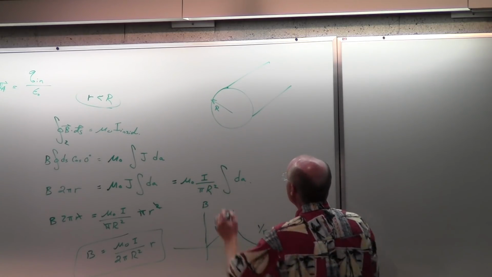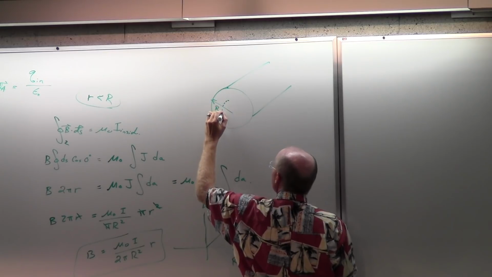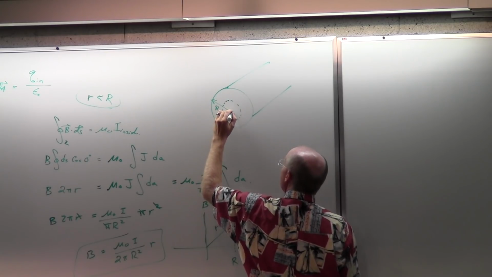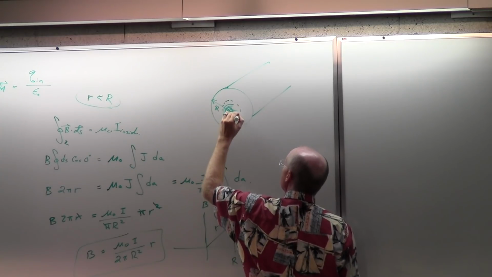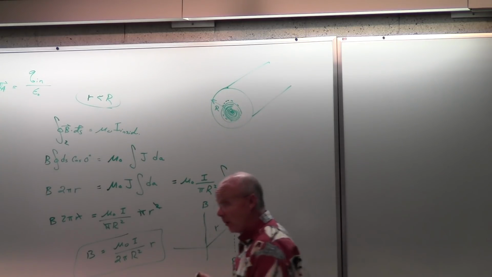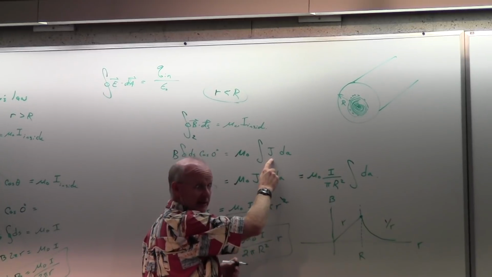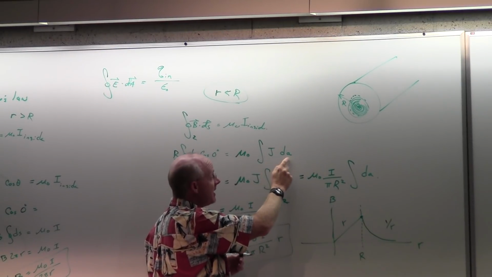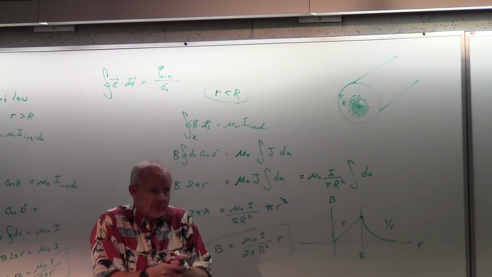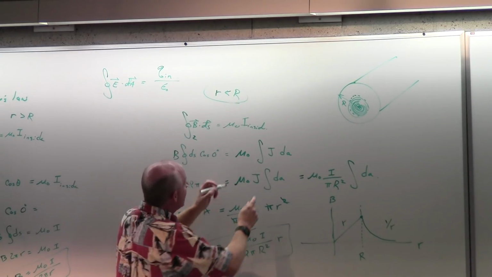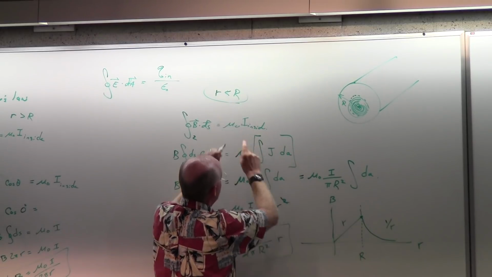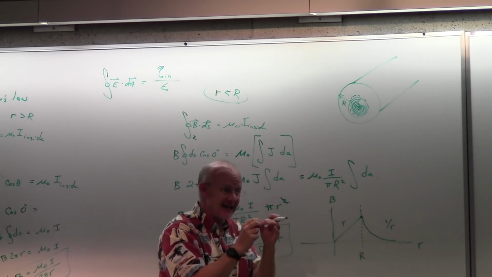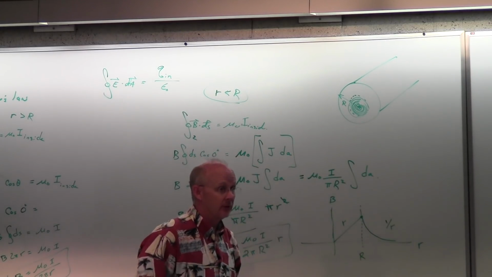The dA is a small area that's inside the Amperean loop, so that when I add up the current density and the area as it gets bigger and bigger and bigger, I eventually get the whole current that is inside the Amperean loop.